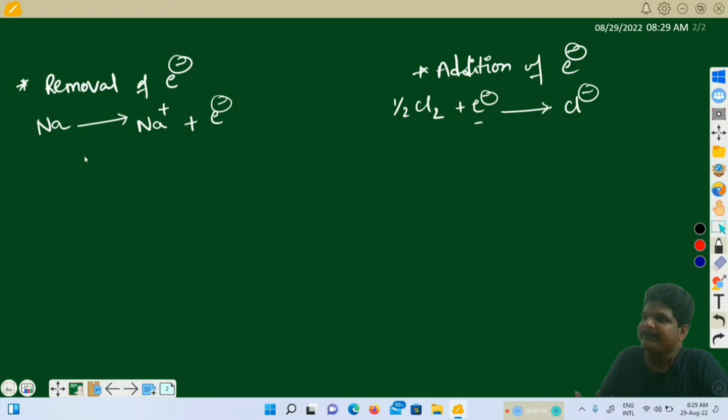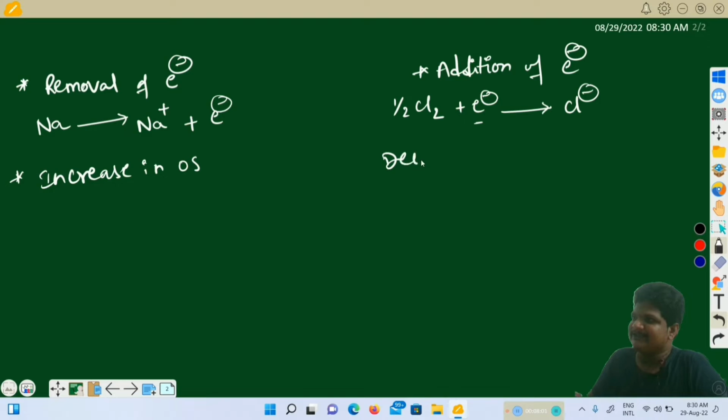During removal of the electron, the oxidation state of the sodium metal increases. So an increase in oxidation state or oxidation number is nothing but oxidation. A decrement in oxidation state is nothing but reduction.